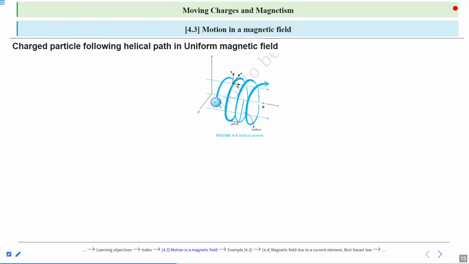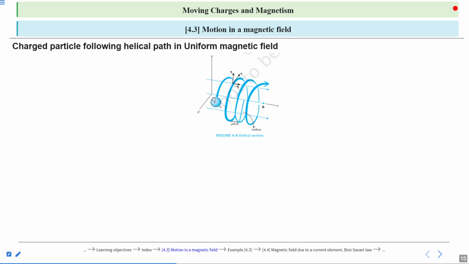Now, charged particle following a helical path in the uniform magnetic field. Now we will see how the helical path is being formed. I have also mentioned how it is forming, because velocity is not perpendicular to the magnetic field here. Velocity is at some angle to the magnetic field other than 90 degrees. So we are going to resolve the velocity into v perpendicular and v parallel.